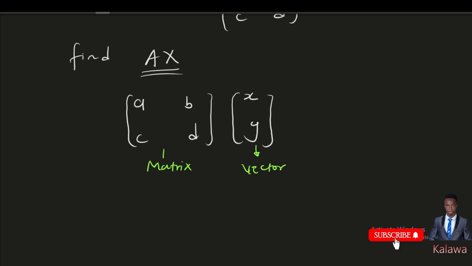That law also applies here. This is the first row, a, b. So we're going to multiply this first row by each of the elements in the vector. This one is the column, and this one is the row.